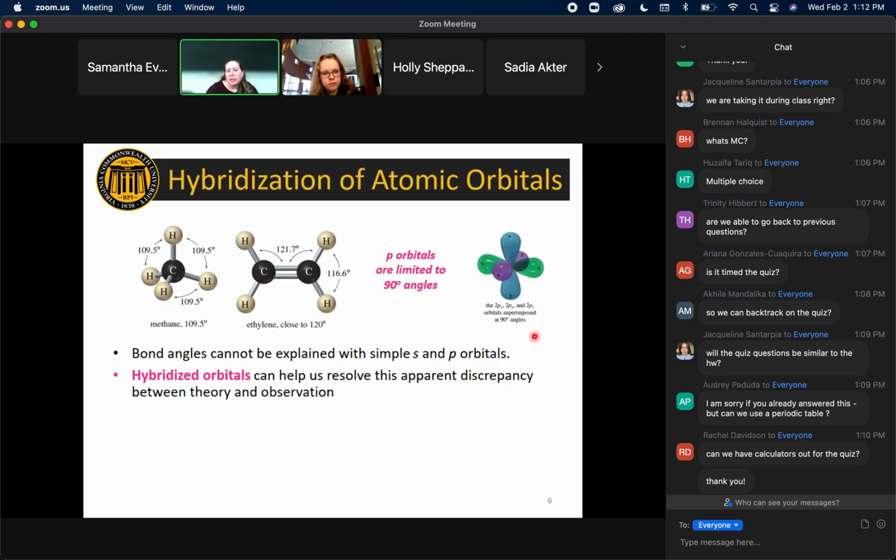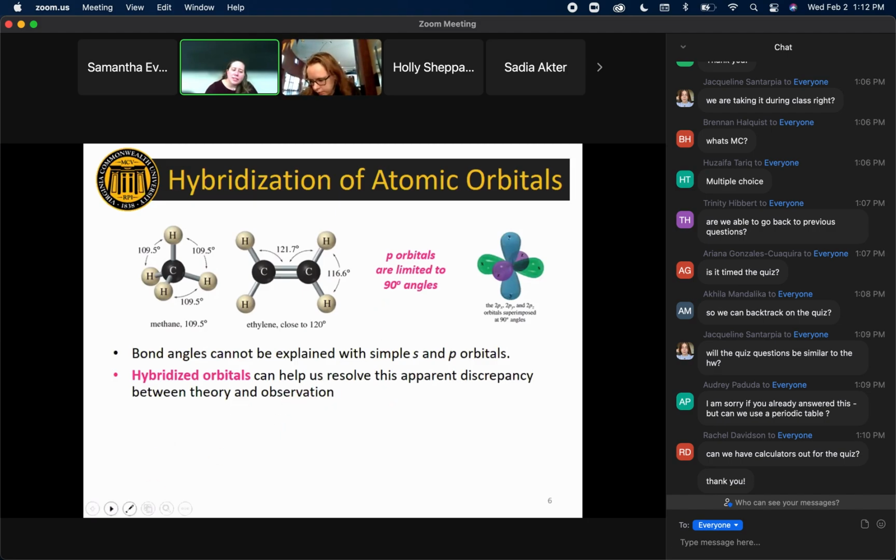The P orbitals are all pointed at 90 degrees relative to each other. So if we're only allowed to make molecular orbitals that point in the same direction as our atomic orbitals, we can't possibly explain the bond angles that we see in molecules like ethylene or methane, or really pretty much any molecule out there.